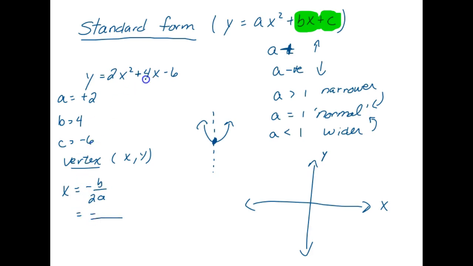We put in our b value, which is 4, over 2 times our a value, which is 2. And we have negative 4 over 4, or negative 1. So on our graph here, okay, that's what we would have.